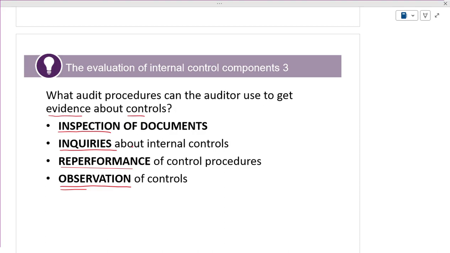Now, inspection of documents. When inspecting, we are checking whether you are placing the order, and whether we have the approval or not. We are placing the order with approved suppliers or not.